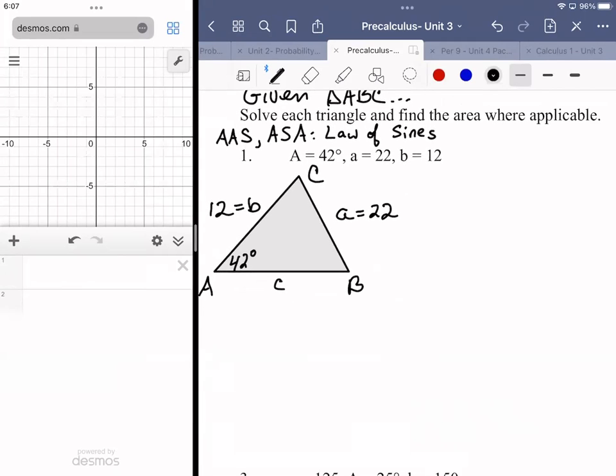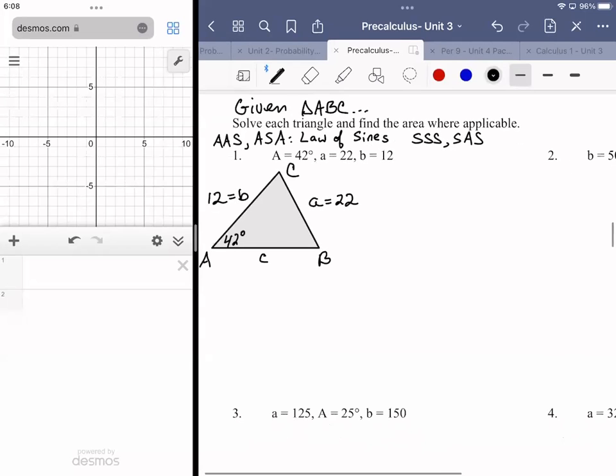If you have side, side, angle, or side, angle, side, you're going to use the law of cosines. All right. So that leaves other situations, but I'll get to those in a minute.